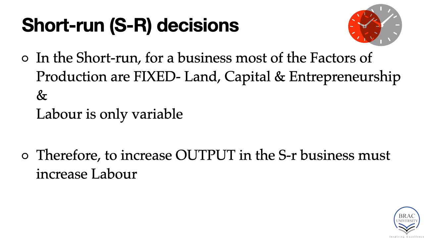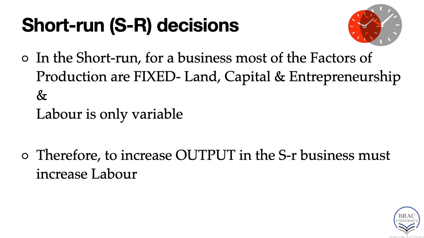We know that in the short run, most of the factors of production, that is land, capital, and entrepreneurship, are fixed, and only labor is variable. This is because most of the firm's fixed resources, which are also known as the firm's plant, are its technology, buildings, and capital, and these cannot be changed or altered in the short run just like that. So they are fixed.